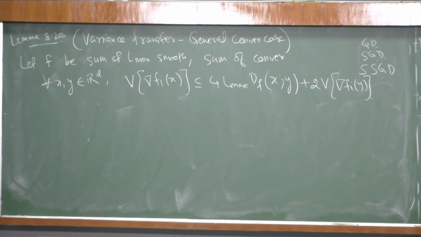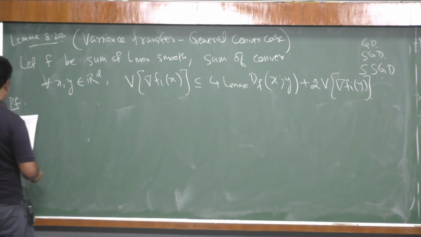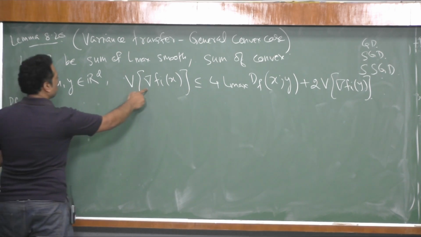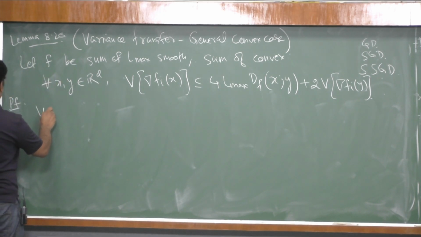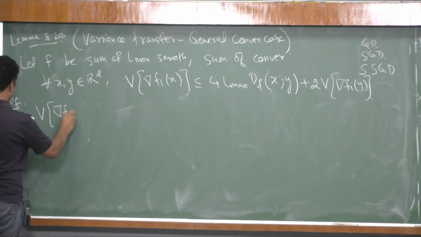We will try to prove this. We are supposed to use Lemma 4.6, the inequality norm of (a plus b) whole squared is less than or equal to 2 norm a squared plus 2 norm b squared, and expected smoothness. Let us start with this quantity itself, and then we will see how to derive the upper bound. So variance of grad f_i(x).